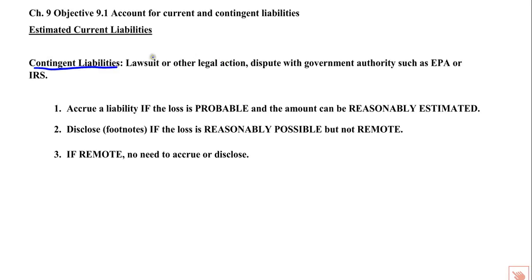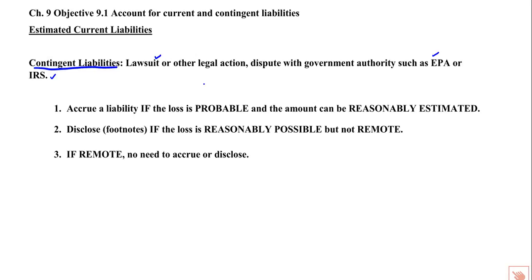Think of a lawsuit, some other legal action, or a dispute with a government authority such as the EPA or IRS. You're arguing about your taxes, or the EPA may have you clean something up, but you're still disputing the amount.